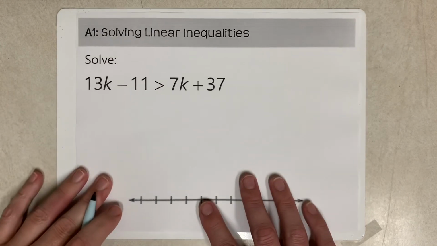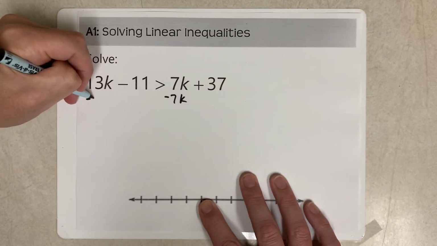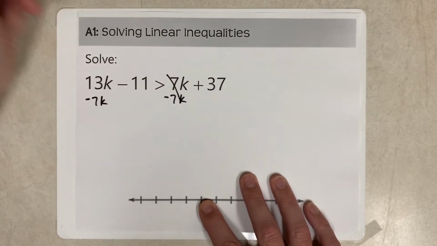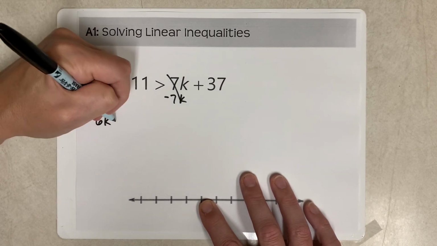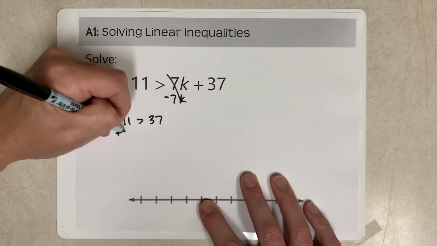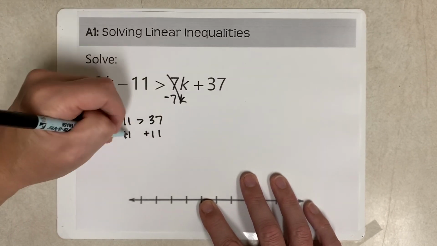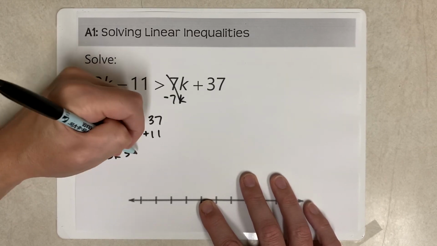So this one, we got variables on both sides, so I'm going to subtract 7k, get rid of that. 13 take away 7 is 6, so 6k minus 11 greater than 37. I'm going to add 11, and I have 6k greater than 48.